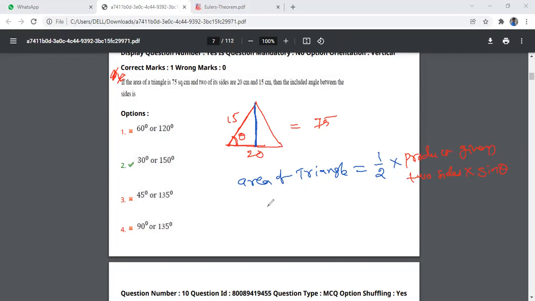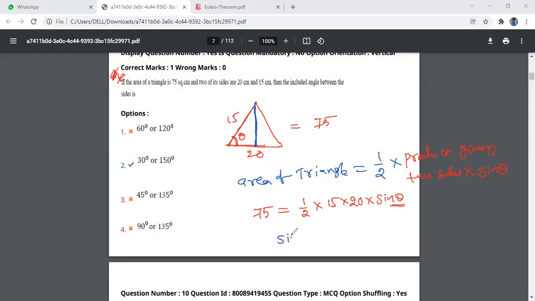So area of triangle is 75, which is equal to 1 by 2 into 15 into 20 into sine theta. We only have to find theta. I am sending the remaining values to the LHS to find sine theta.